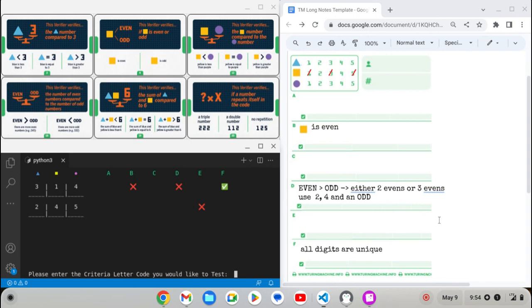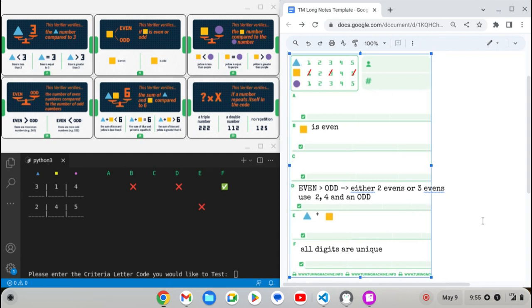For criteria E, criteria E is the sum, and so we know then that the sum of triangle and square must be either bigger than 6 or less than 6.